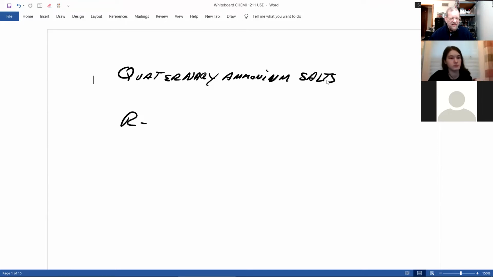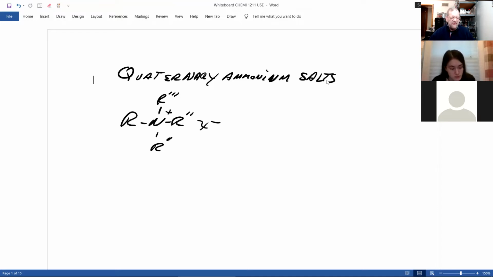Now, a quaternary ammonium salt, I think I started talking about this last week, has 4 groups on nitrogen.